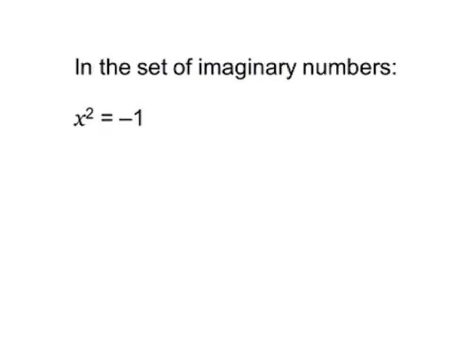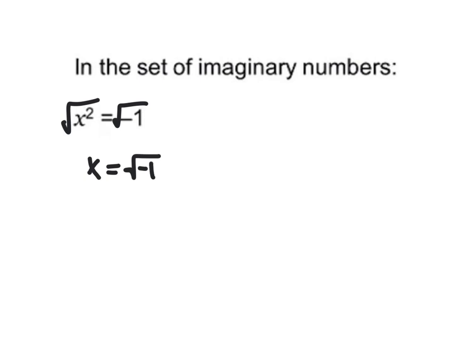Now, I know what you're thinking. What the crap? Someone just came up with this number system, and they're imaginary. But when we take the square root of both sides of x squared, you get that x is equal to the square root of negative 1.